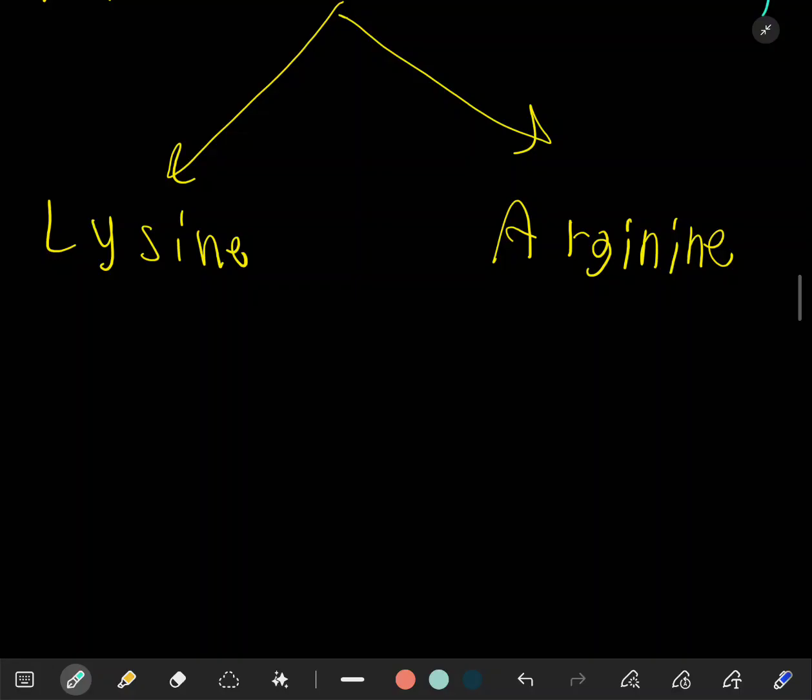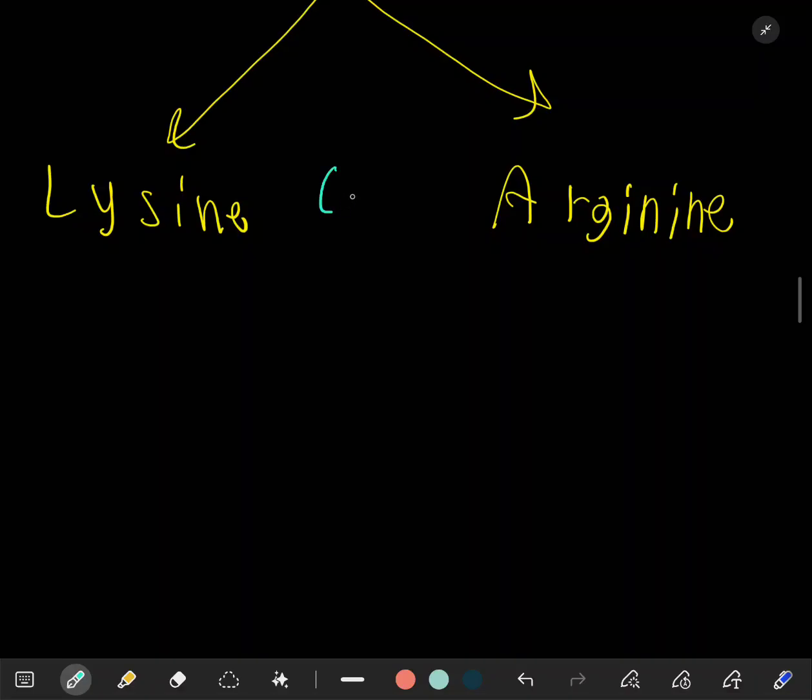Now let's recall the structure for lysine and arginine. You guys need to know that both are C4 carbons. So lysine is CH2 four times, then we directly get an NH2. But here arginine is more basic than lysine, so we see more NH2 groups.